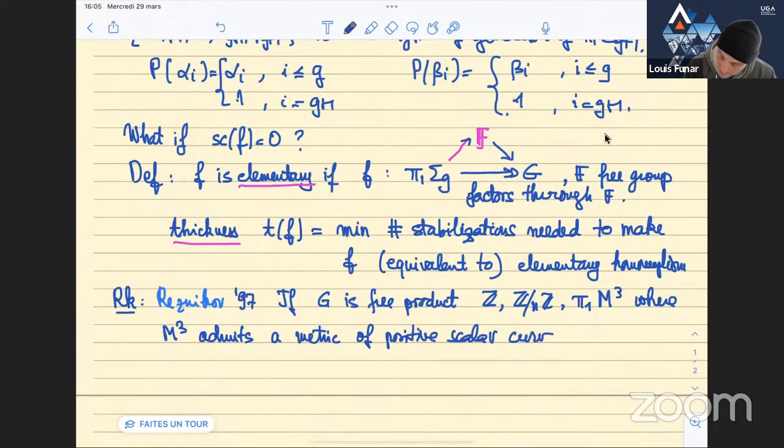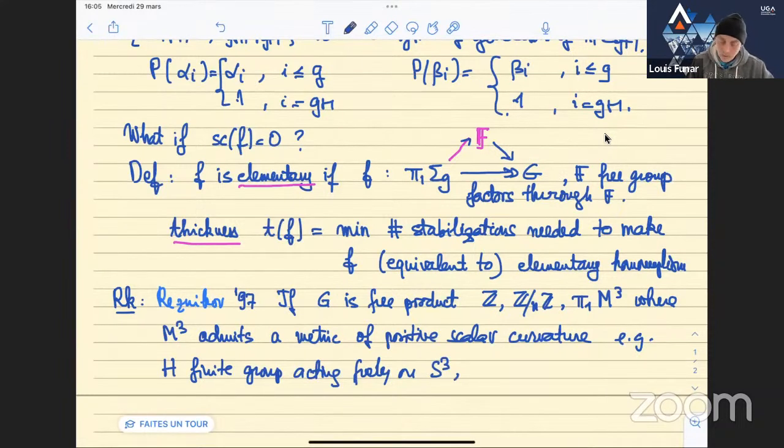And you can get such examples. For instance, if I'm taking a finite group H acting freely on S3, there are such groups.